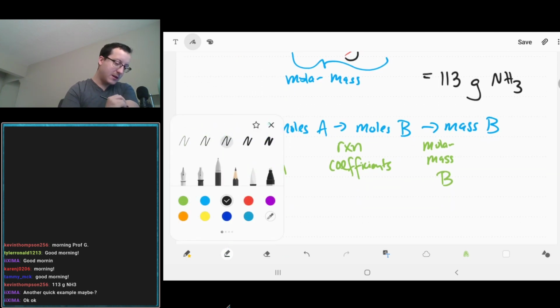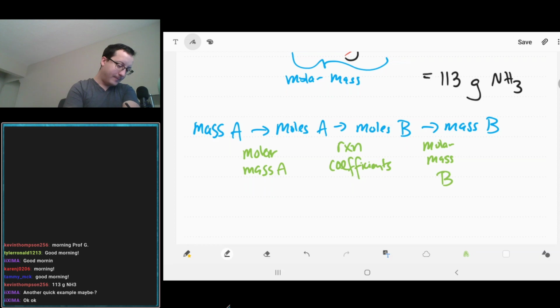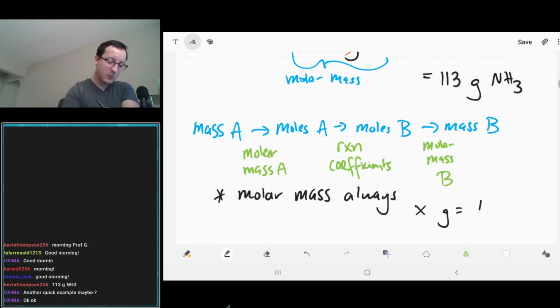Remember one more thing. Molar mass is always whatever grams is 1 mole. I know that's obvious maybe, but a lot of students, when they see reaction coefficients, want to put those in their molar mass, which is not something we want to do.